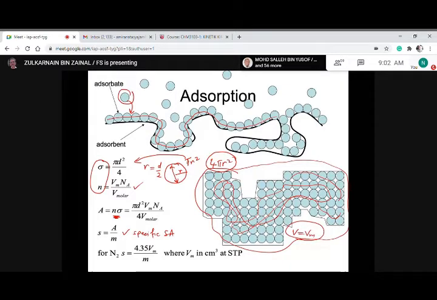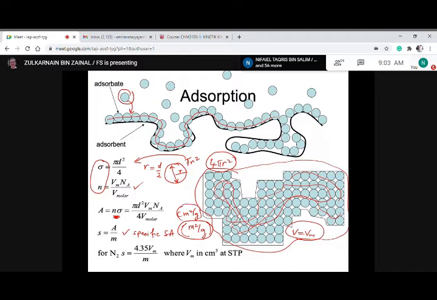The amount of adsorbent we use, for example, 1 gram, 0.5 gram, or whatever amount. If it is 0.5 gram, then whatever A that we get over 0.5 gram, then we can get the surface area in meter square per gram, for example, or in centimeter square per gram. The normal unit that people use is meter square per gram.